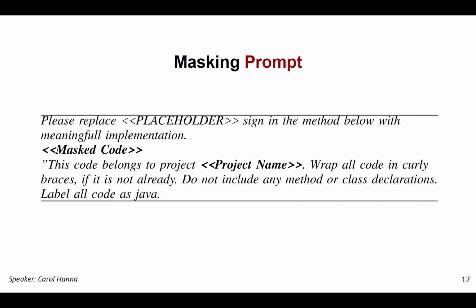We reached this prompt through trial and error, basically by giving it the masked code, giving it clear instructions that it needs to fill in with a meaningful implementation, telling it what project it belongs to, and then finally giving it very clear formatting instructions to allow for automated extraction of the code during search. Now we followed best practices with this, but I think there's an opportunity here in future work to play around with the prompting bit of this combination of LLMs and GI.